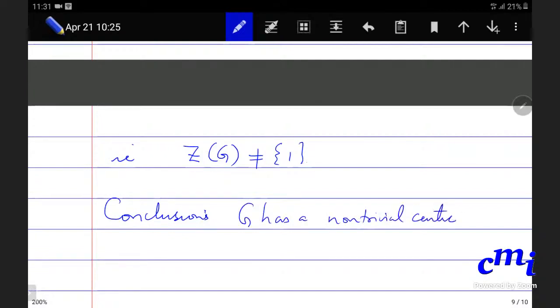It could be that G is abelian and all of G is the center. But even if G is not abelian, it is not very difficult to come up with order of P squared. I don't know. P squared, no. P cubed.